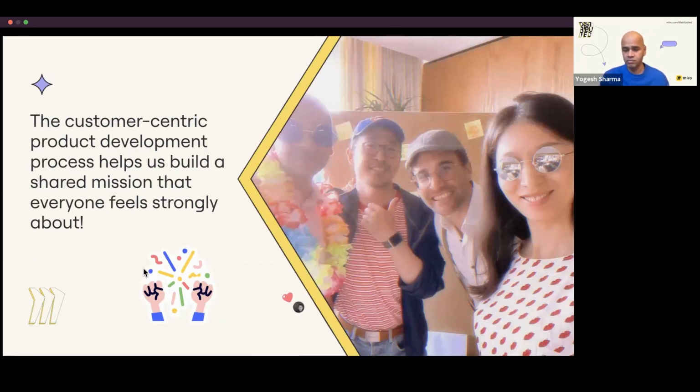In a very short period of time, we were the experts on retrospectives at Miro, which was very helpful. Customer-centric product development gives the whole team a strong purpose which you can rally behind. And that was so true in this case.